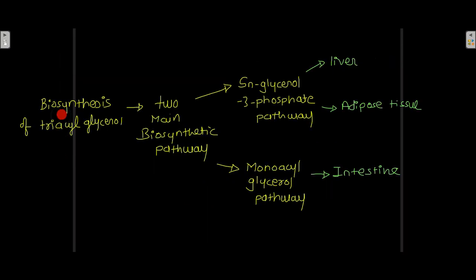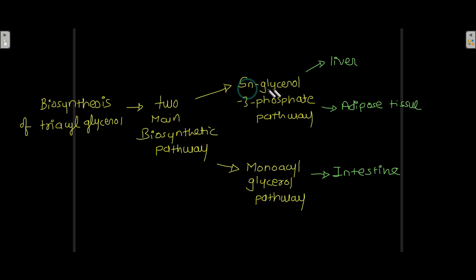Now for the biosynthesis of triacylglycerol, there are two main biosynthetic pathways. These two main biosynthetic pathways are the SN-glycerol 3-phosphate pathway and the monoacylglycerol pathway.